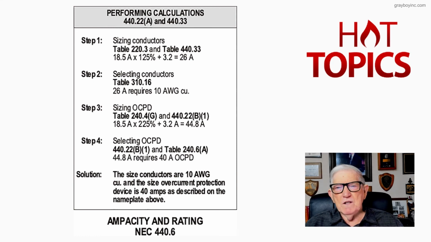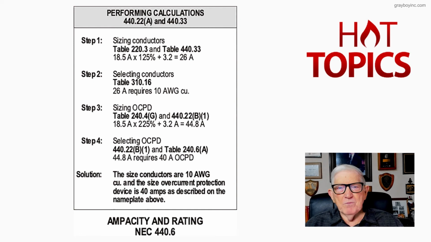And then table 310.16 in step 2 would be 26 amps, and that would require a number 10 conductor that we would need either in the 60 or the 75 degree column, because we're limited by 240.4D there, but the overcurrent device can be sized larger to allow the air conditioner to operate under high head pressures and so forth, and table 240.4G is in gray.